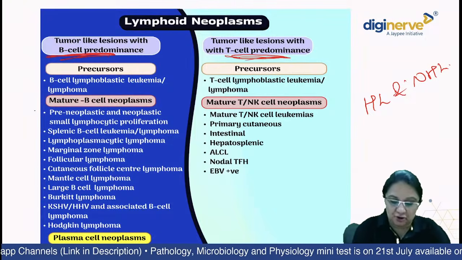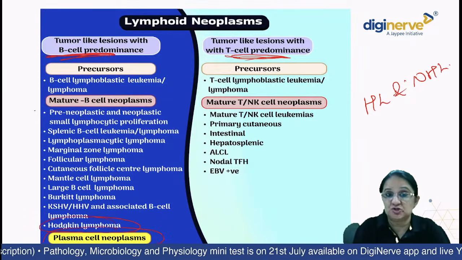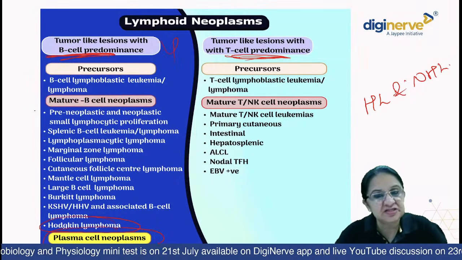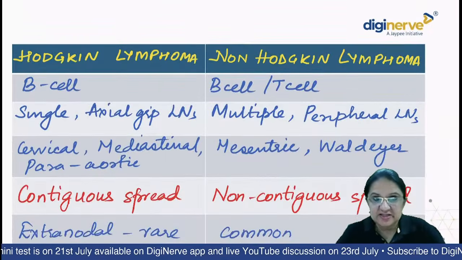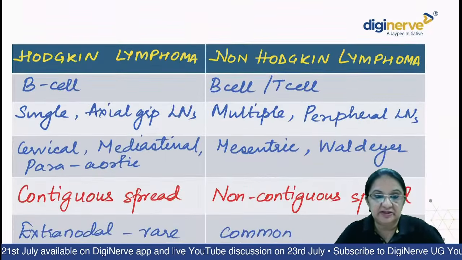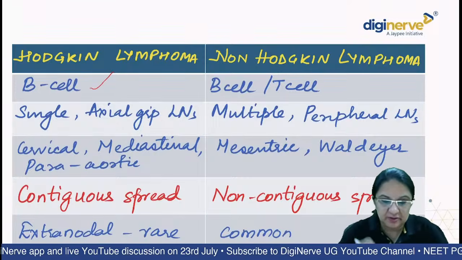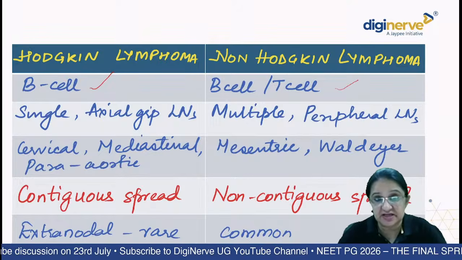Now, your Hodgkin lymphoma and your plasma cell neoplasms also come under the B cell predominance lymphoid neoplasms, right? But as we had studied earlier, we study the difference between Hodgkin's and non-Hodgkin. Hodgkin's cell of origin is B cell, non-Hodgkin could be B cell or T cell.